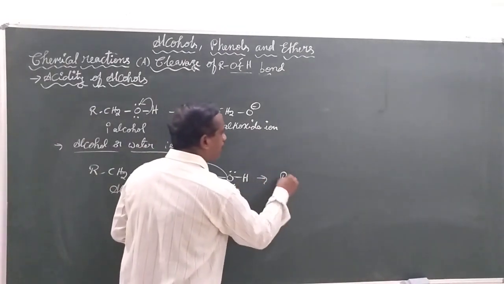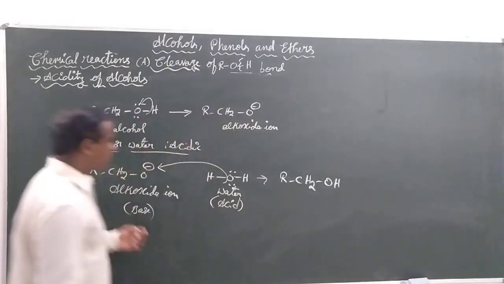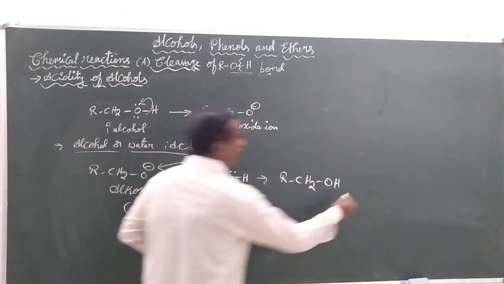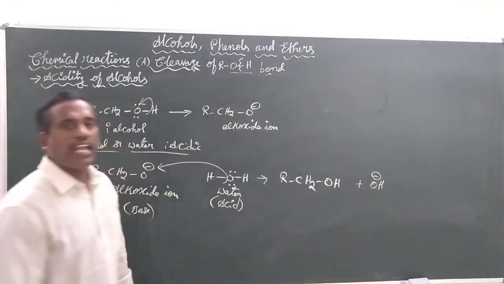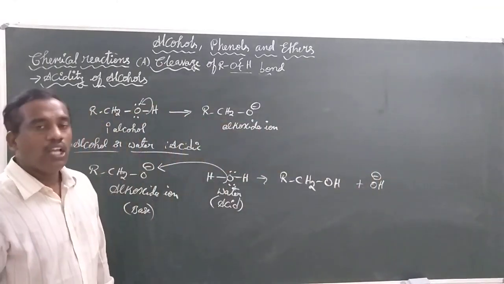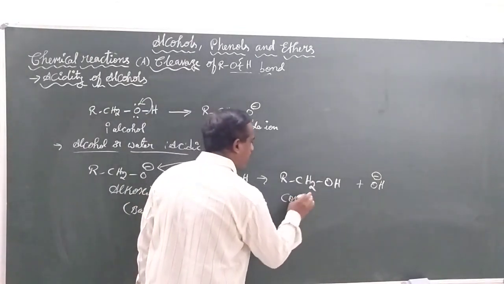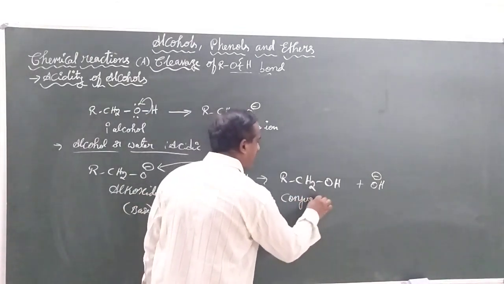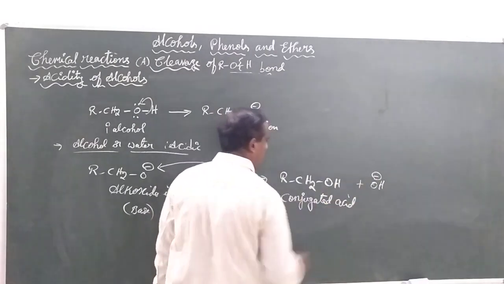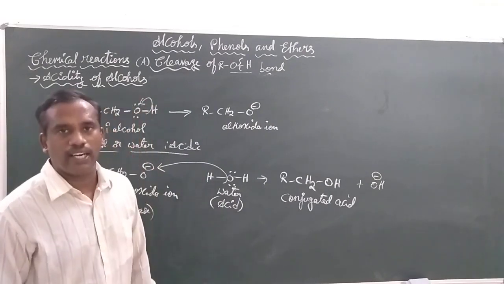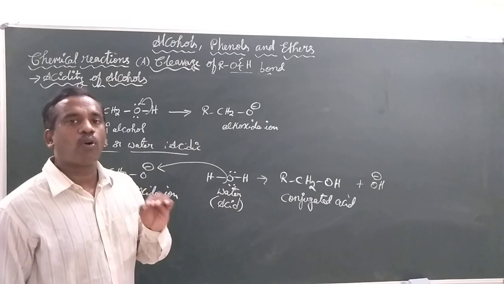So what are they forming? They are forming RCH2OH, the conjugate acid. In the first year we already learned that the conjugate acid is the one which accepts the proton.